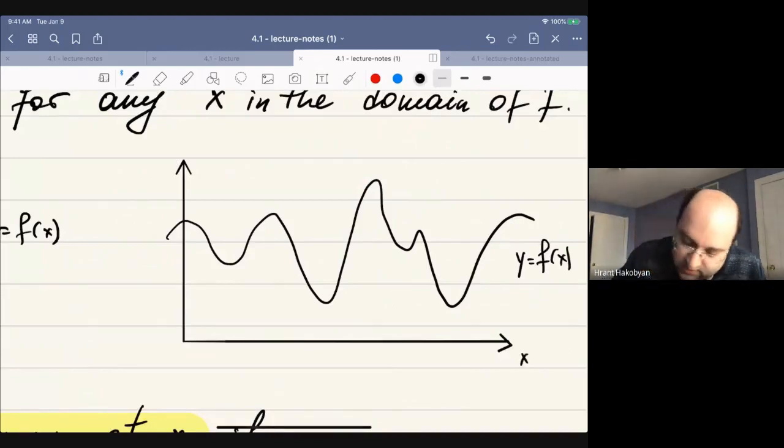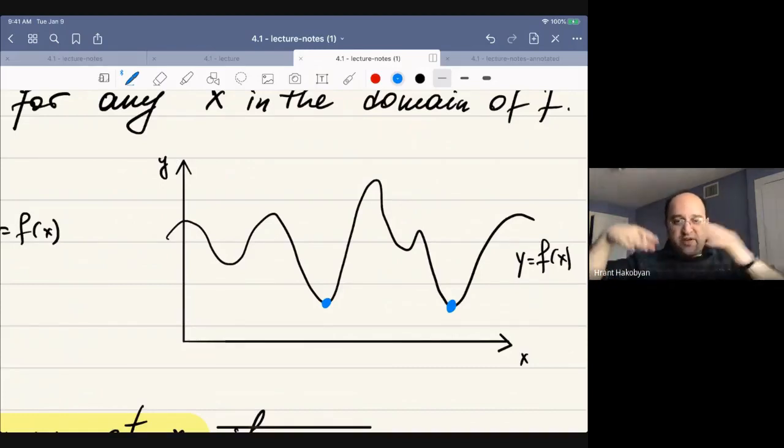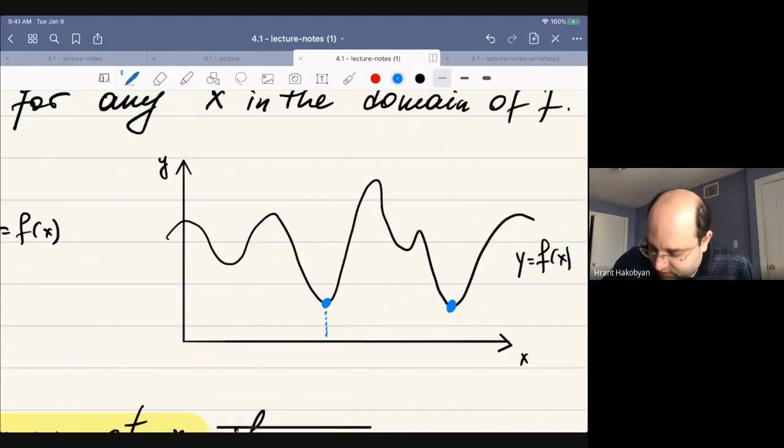So this is my x, this is my y. And so where is my lowest point here? Well, this one here. In fact, there are two points here which are basically the same. I mean, no one says that the global minimum has to be one point. It could be several points where you have the lowest value. So in both of these cases, this could be my x naught.